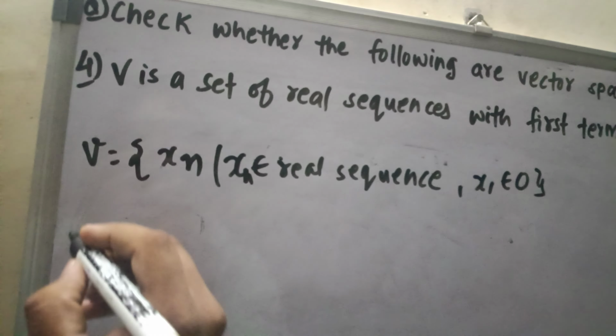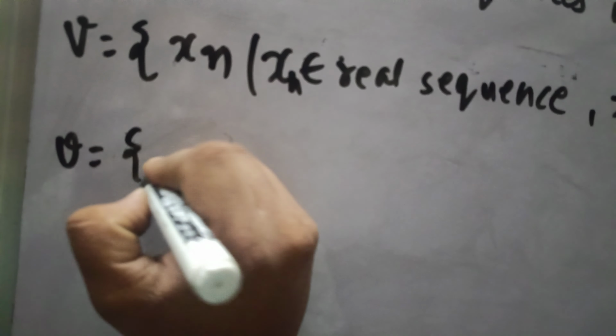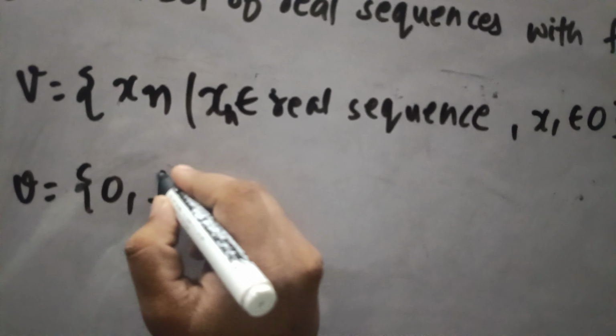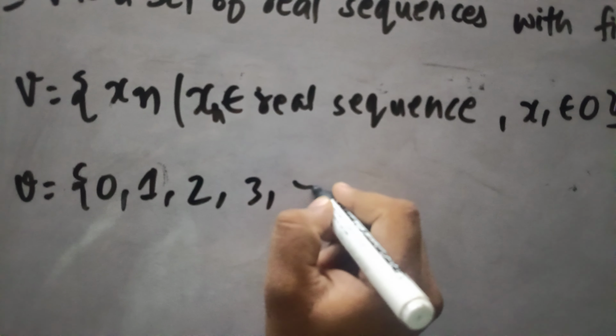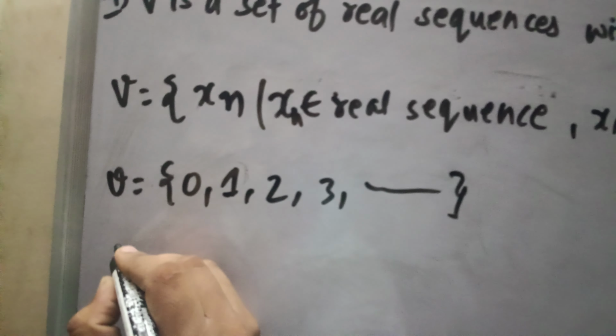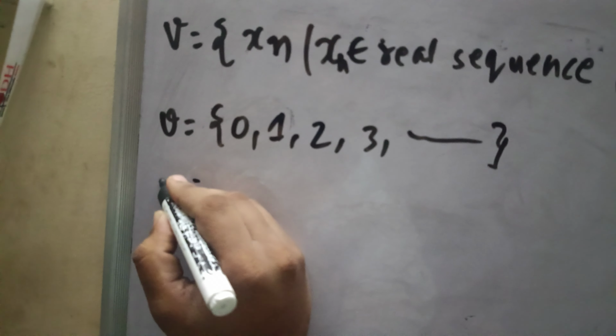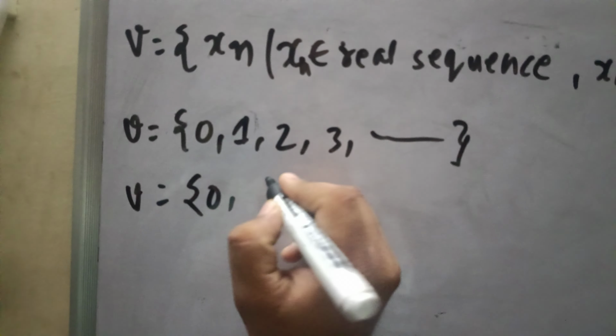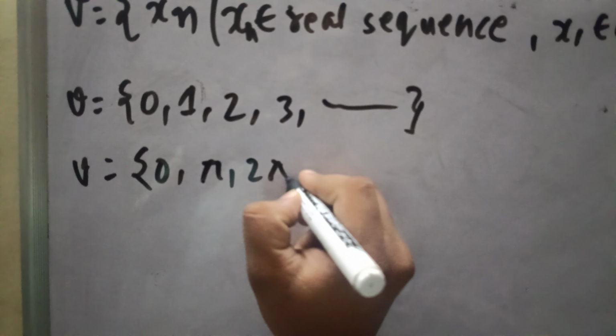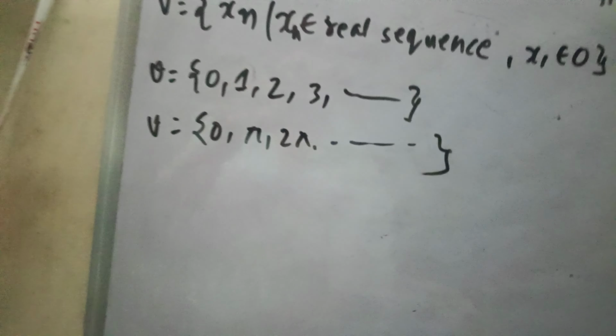Some examples of this set are 0, 1, 2, 3, and so on, and 0, pi, 2 pi, and so on. These are some of the examples of this set.